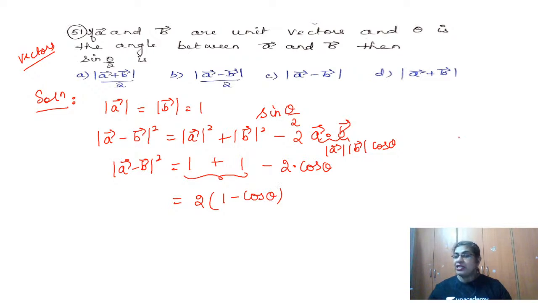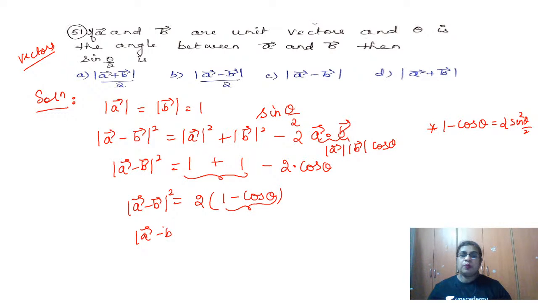Remember, you want sine theta by 2, and you know the half angle formula: 1 minus cos theta is 2 sine square theta by 2. So I wanted 1 minus cos theta, therefore I used A minus B the whole square. So A minus B the whole square equals 2 into 1 minus cos theta, which is 2 into 2 sine square theta by 2.